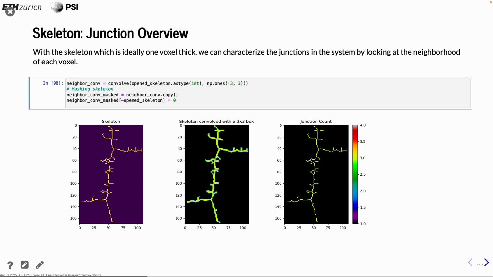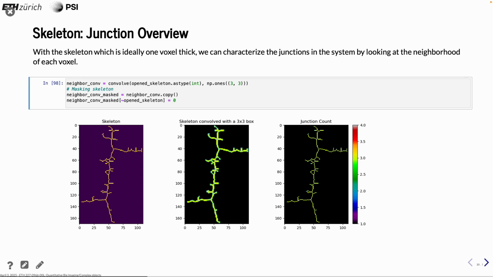And the neighbor counting can actually be pretty easily solved by using convolution. Because if you apply a 3x3 convolution kernel, that's the same as computing the sum of the pixels around one.